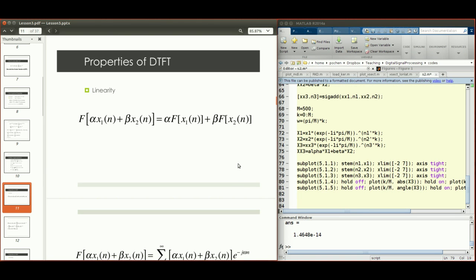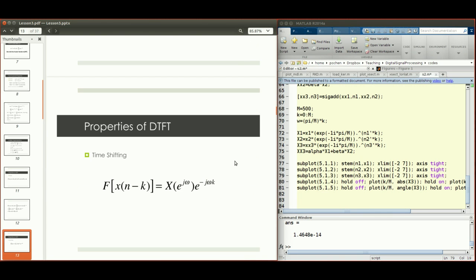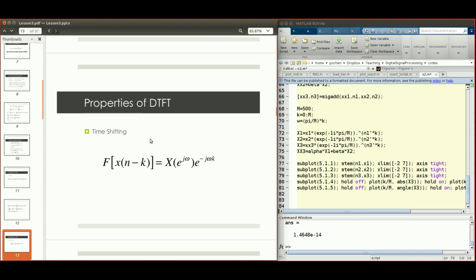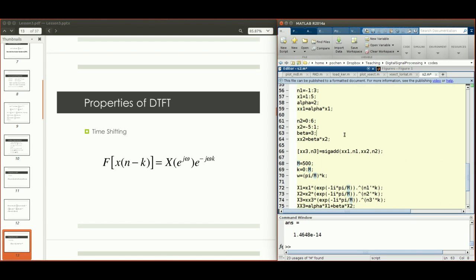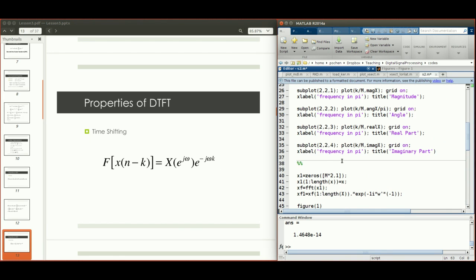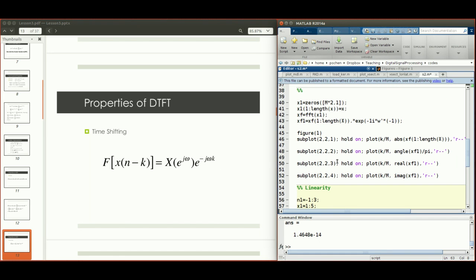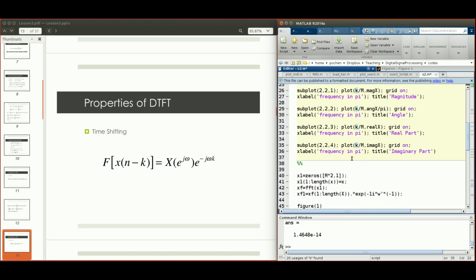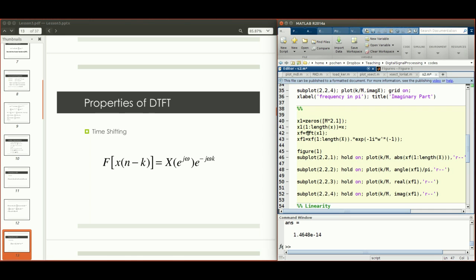And then now let's look at the second property, which is the time shifting, right? So the time shifting, we already validated this time shifting by using the Matlab Fft function call, right? In our previous example, so basically here we are actually comparing the Matlab Fft output xf, but we are multiplying with the exponential e to the minus j omega k.